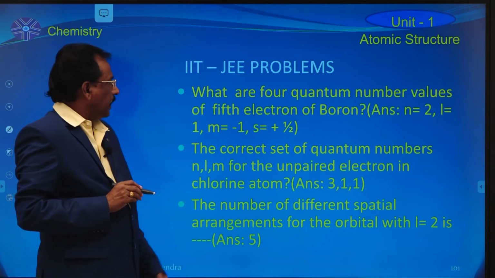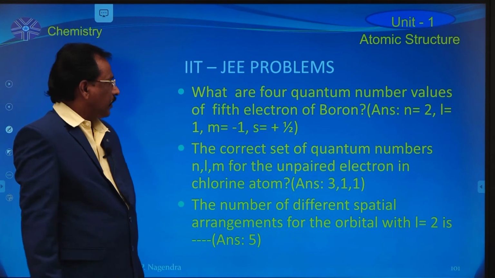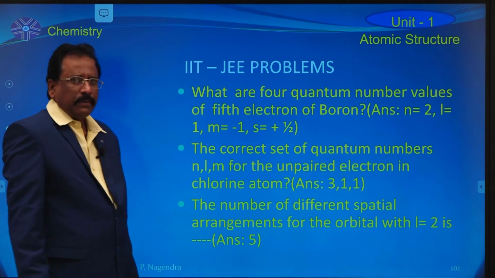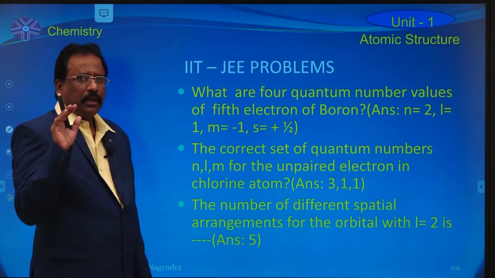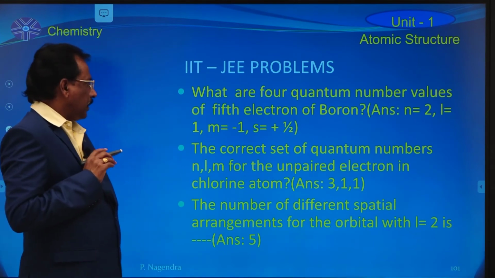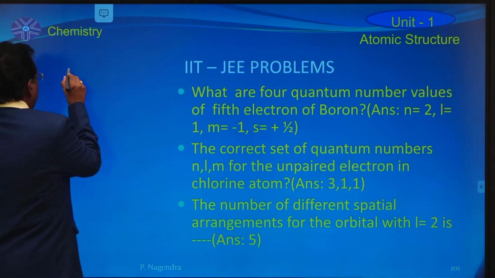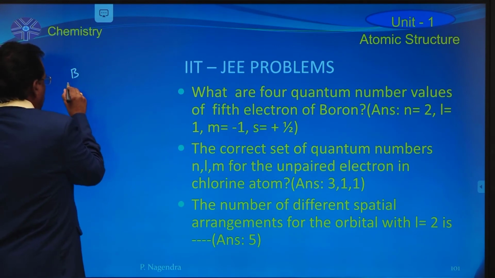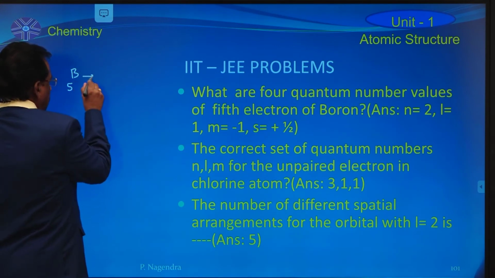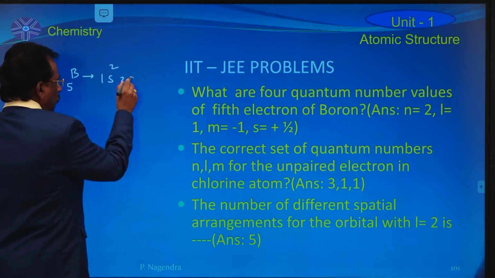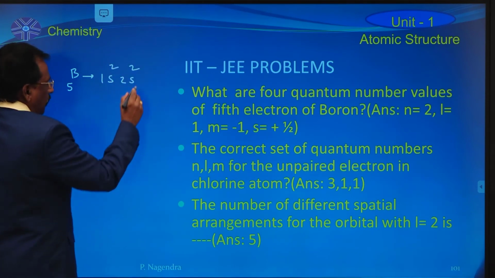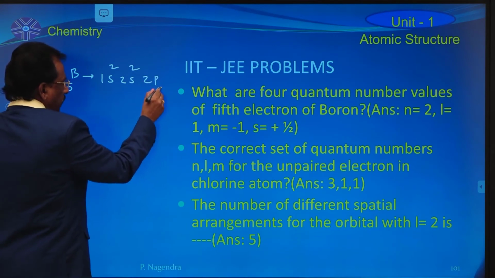And the other question is, what are the 4 quantum number values for the 5th electron in boron? So in the long form periodic table, boron atomic number is 5, its electronic configuration is 1s2, 2s2 and 2px1.